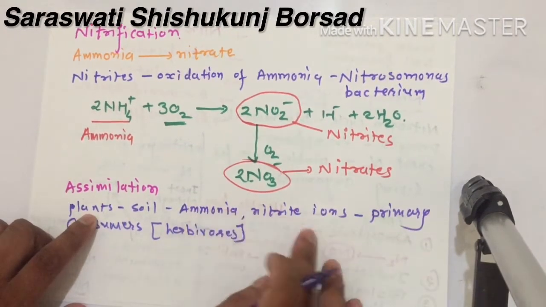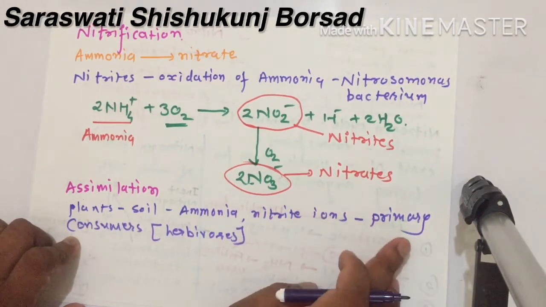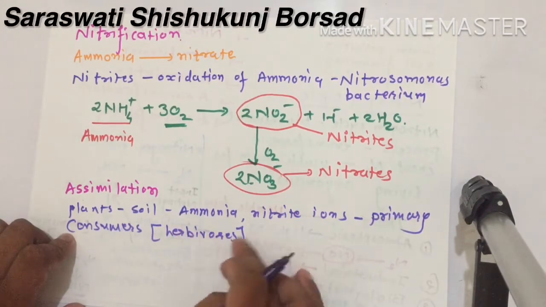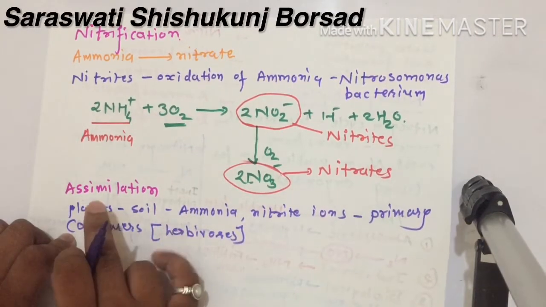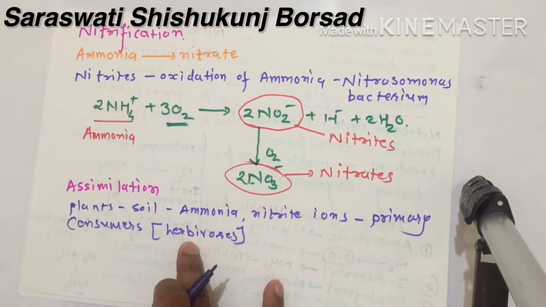Plants take ammonia or nitrites ion from soils, and these plants are eaten by primary consumers, which is herbivores, right? The organisms which eat plants. So that nitrogen is also fixed in such type of animals, such type of herbivores.